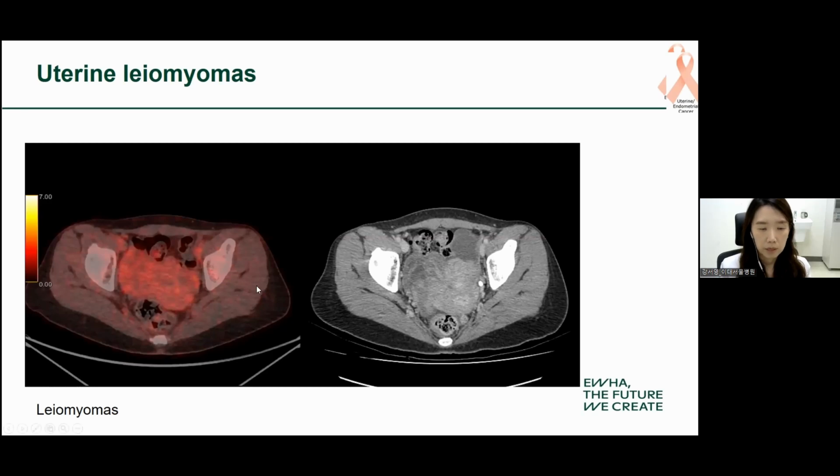This patient has a mass lesion in the uterus, and on FDG PET/CT, the lesion showed hypometabolic activity, really similar to the uterus. So we can conclude it is highly probable to be a leiomyoma. And the pathology finding was also leiomyoma.